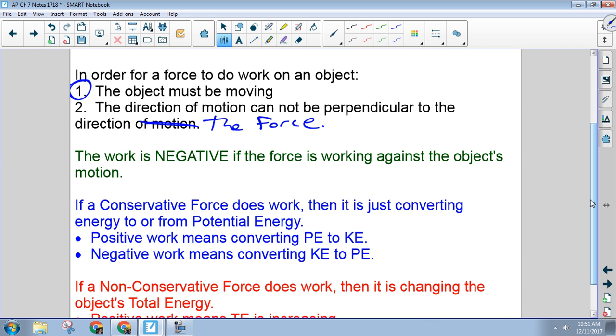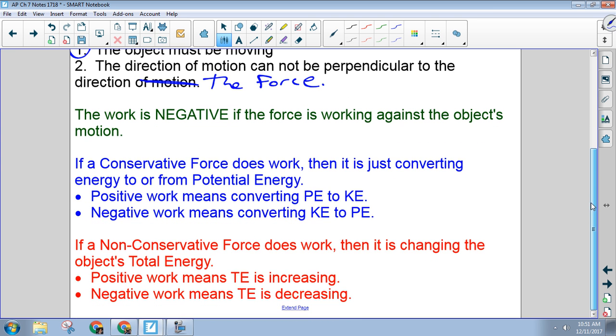So yes, the normal force is holding me up, but it's not changing my energy. All it's doing is preventing me from falling. Follow? So anytime a force is perpendicular to the motion, that force is not doing work.